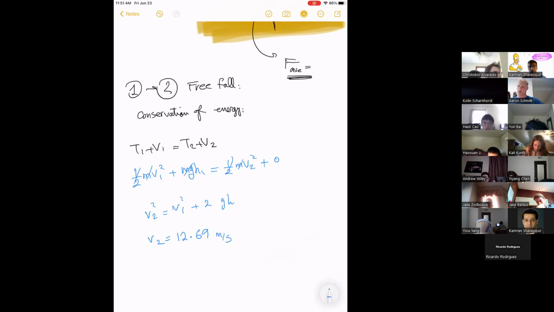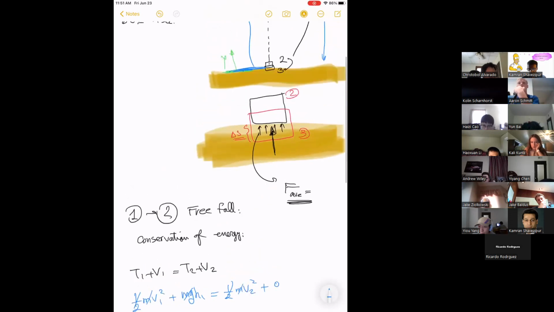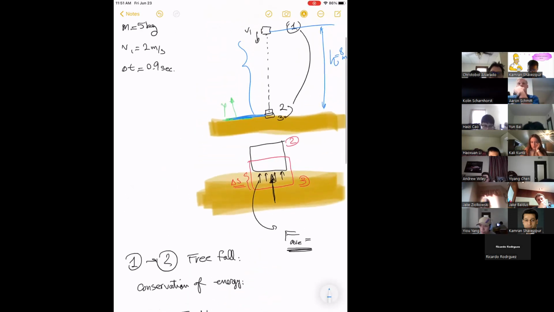I have a question. So how is the V2 that's part of T2 different from the V2 on its own? It's not. It's the same V2. At this position, this guy has a velocity of V2. Technically, T2 is the kinetic energy because of, guess what, V2, right?